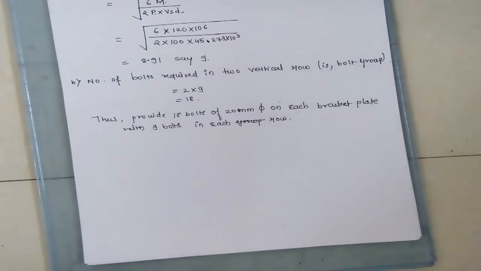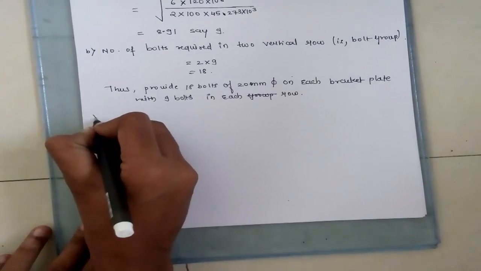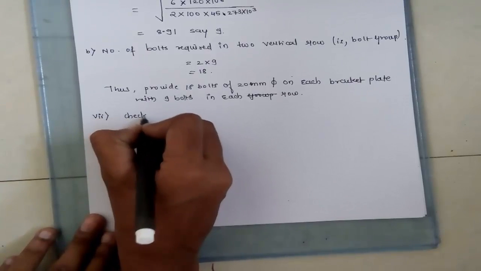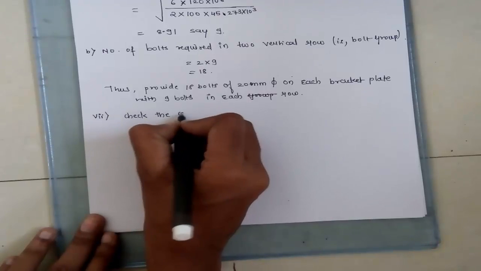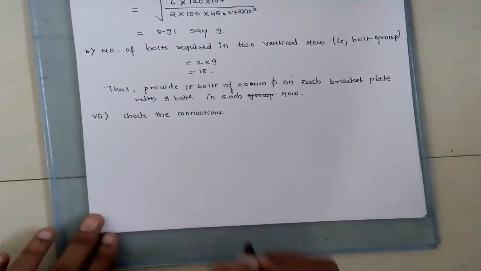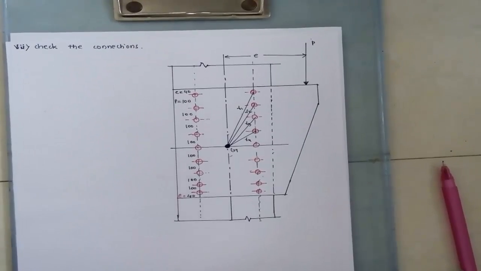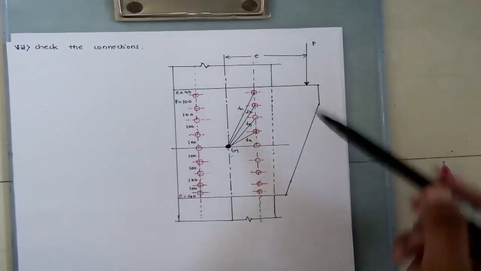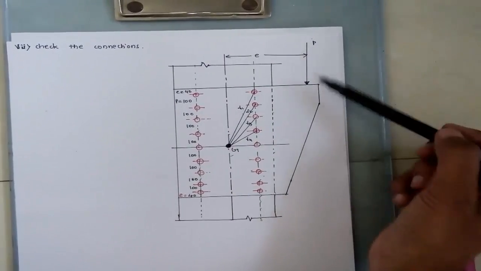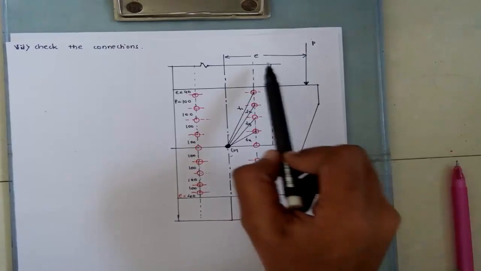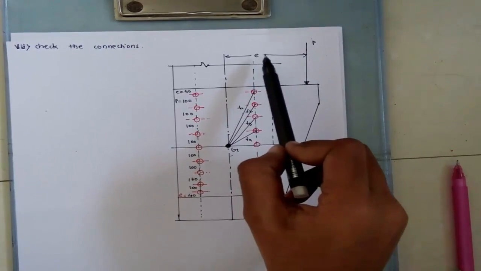After that, the next step is to check the connection. Now let's move to the diagram. This is the load and this distance is the eccentricity, denoted by E, which is already given. The value is 300.